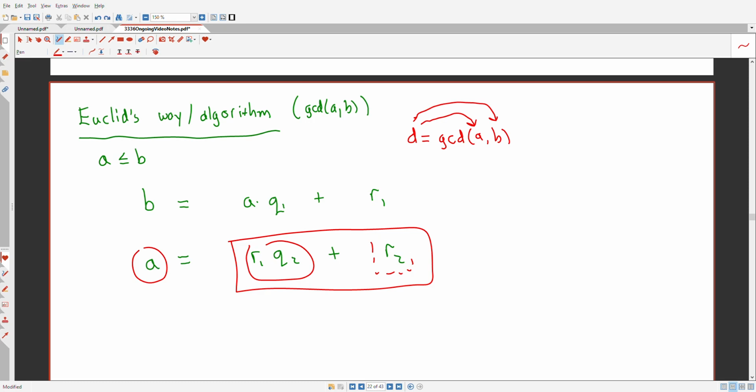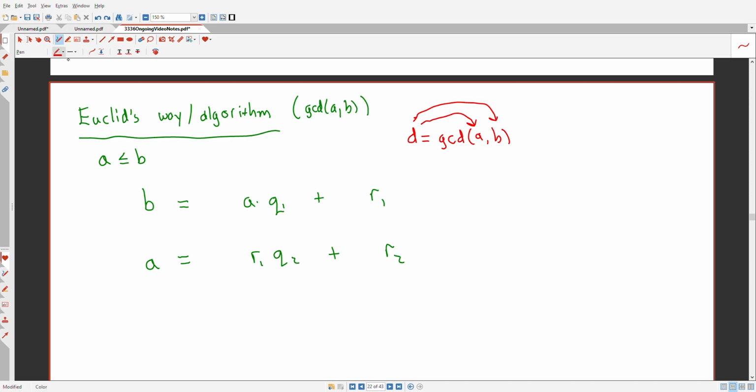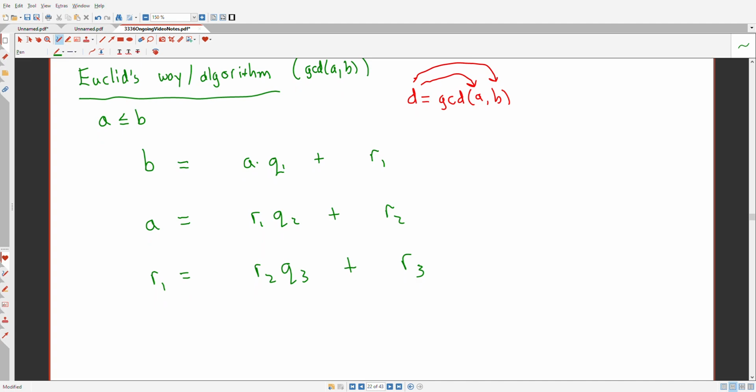So that's what I'm going to do in my next step. Let's divide r1 by r2. So now I'm going to need a third quotient, and now I get a third remainder. And here's where you start seeing the actual algorithm rearing its head. How did my thing start? I divided a by b.